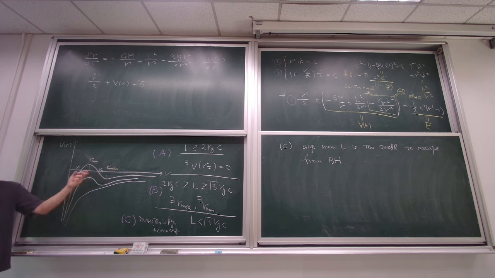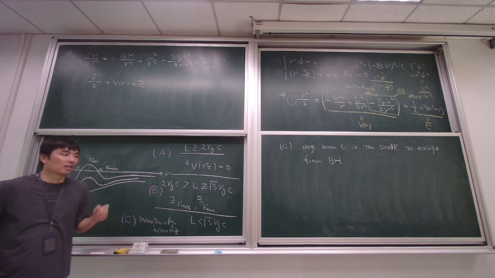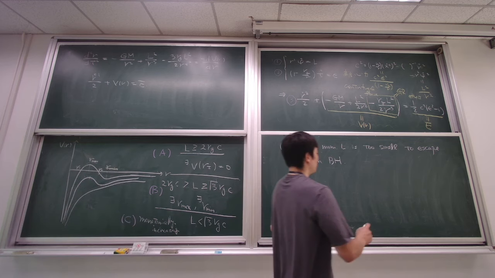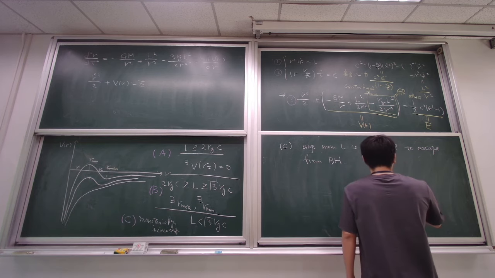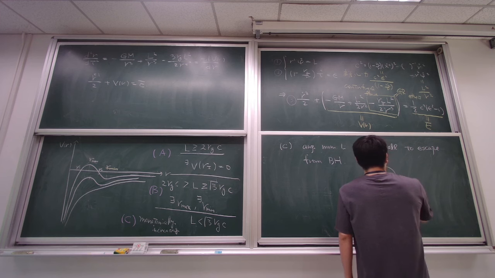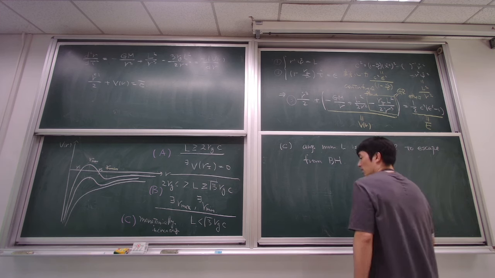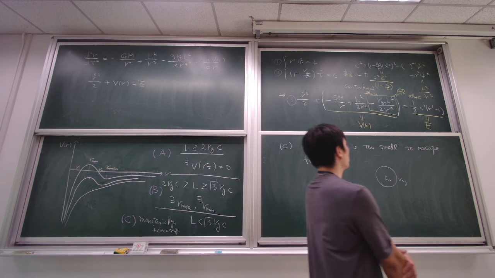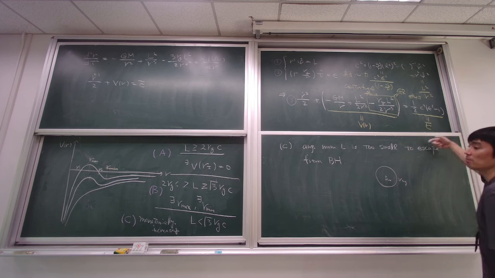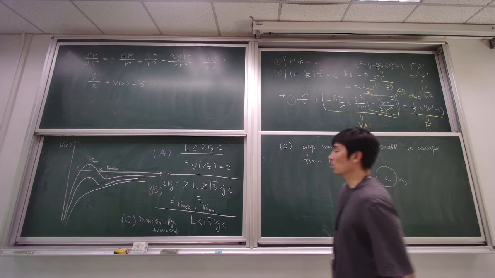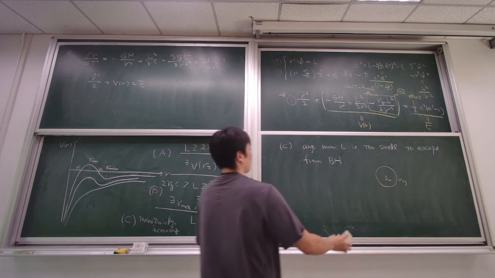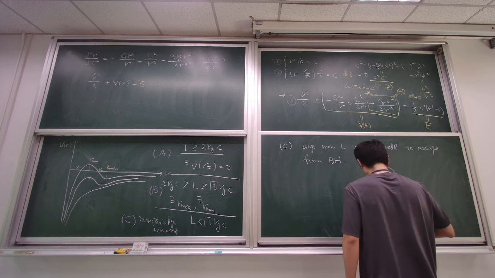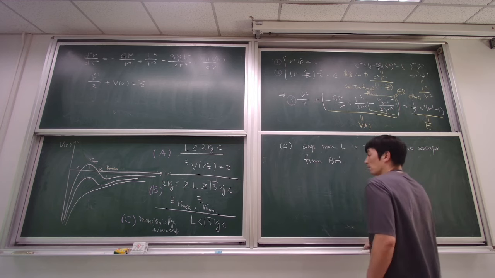It inevitably hits the singularity. So if angular momentum is too small, whatever, there is R equal to 0 and R equal to G, and it just monotonically goes in. Absorbed into the black hole.